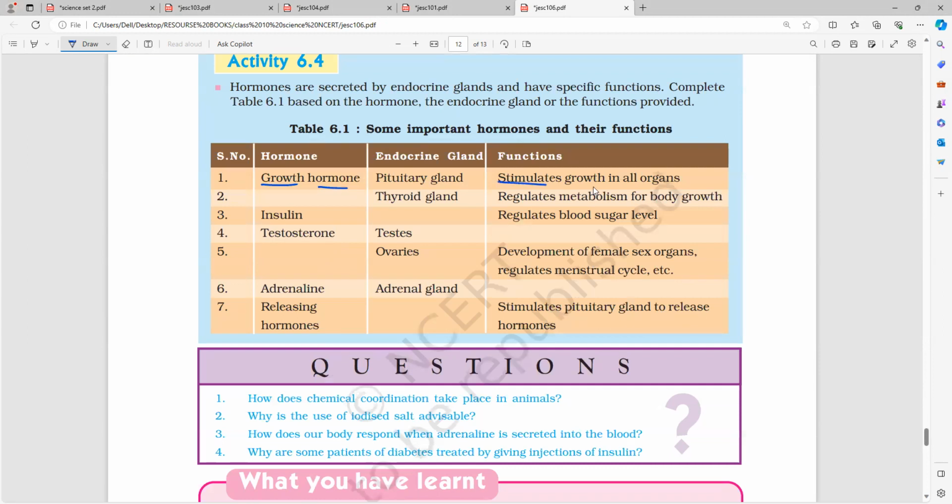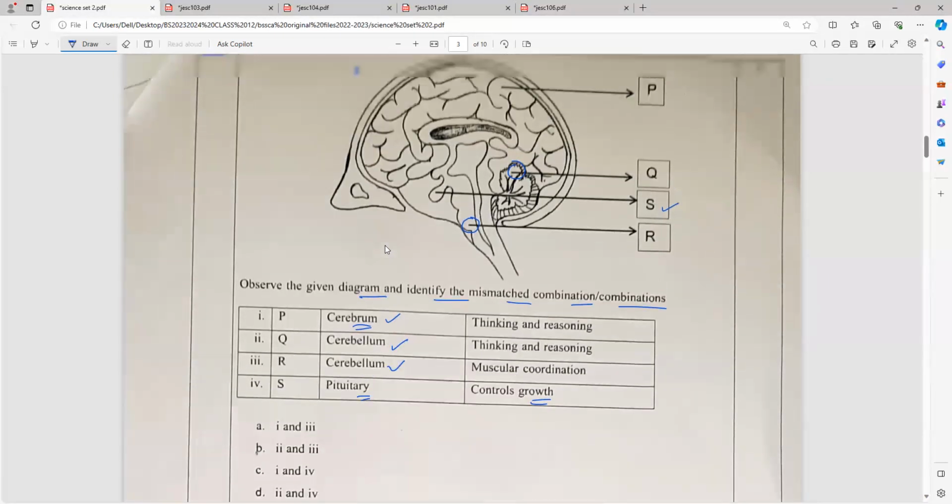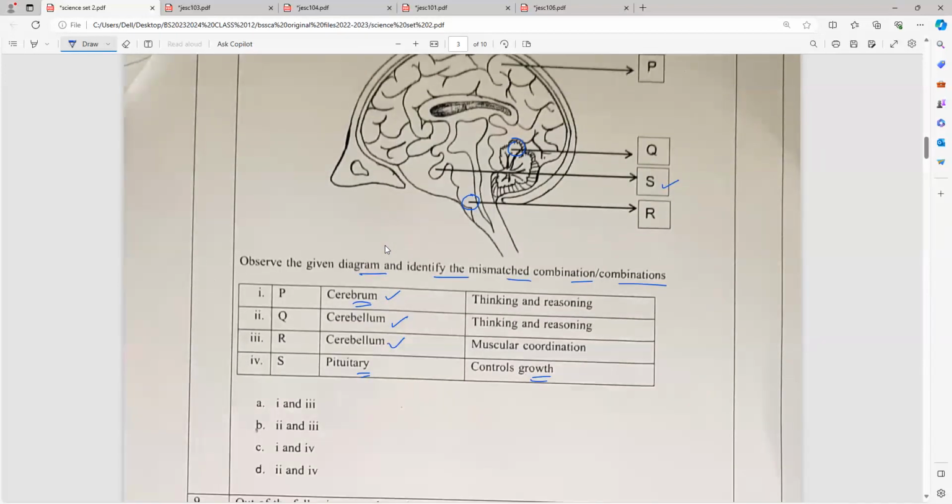Growth hormone stimulates growth in all the organs, so it controls growth. Is it right? Yes. So wherever option S is there, meaning option 4, you can avoid those options. D and C will not come, so our answer is either A or B only.